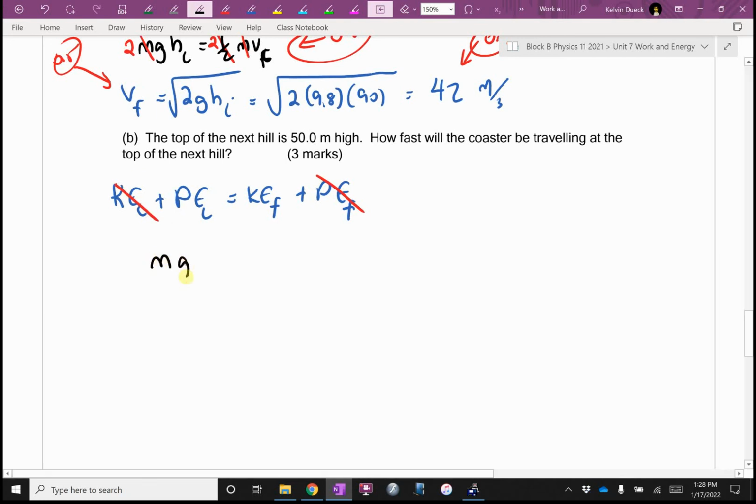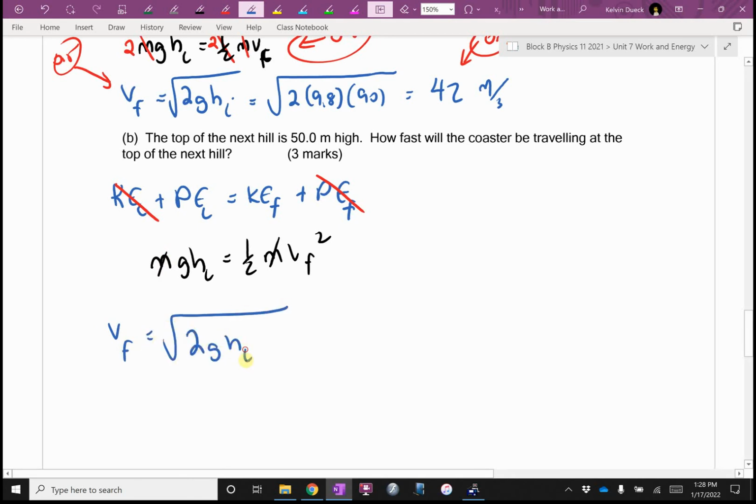We're still going to get mgh initial equals a half m v final squared. The m's still cancel. In fact, we get the same equation, vf equals the square root of 2gh initial. It's going to be 2 times 9.8. Well, if I put the ground at the top of the 50-meter high hill, and I'm starting 90 meters high, I guess my change in height is 40.